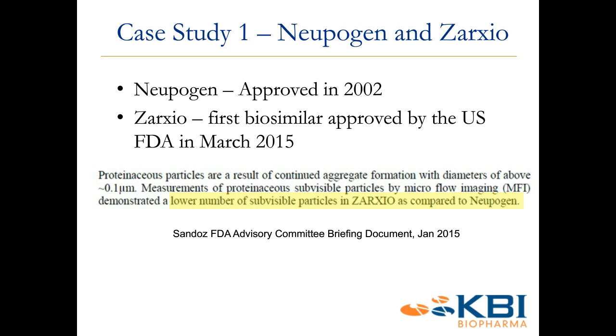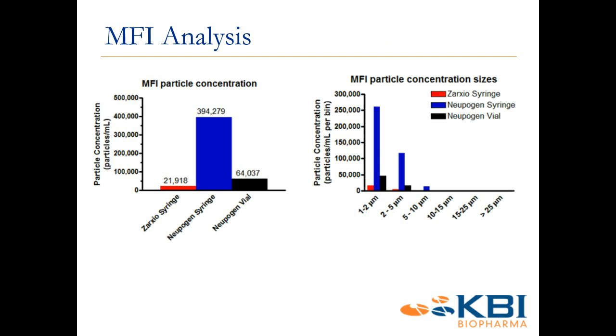But if we look at the briefing document provided by Sandoz, we see that they just briefly touch on the fact that Zarcio had lower subvisible particles compared to Neupogen. So obviously we take a look with MFI and we see very similar results to what they mention. The Neupogen syringe here has very high particle counts compared to the Zarcio syringe.